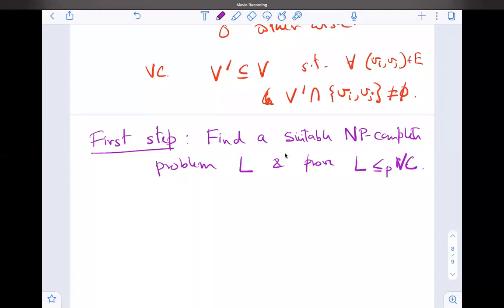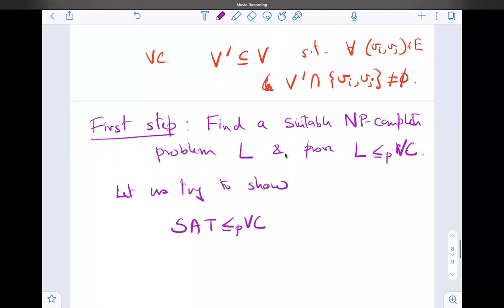So for example, let us try to show SAT is reducible to VC. When you solve a problem, you use things like Chebyshev's inequality in your proofs in statistics, right?